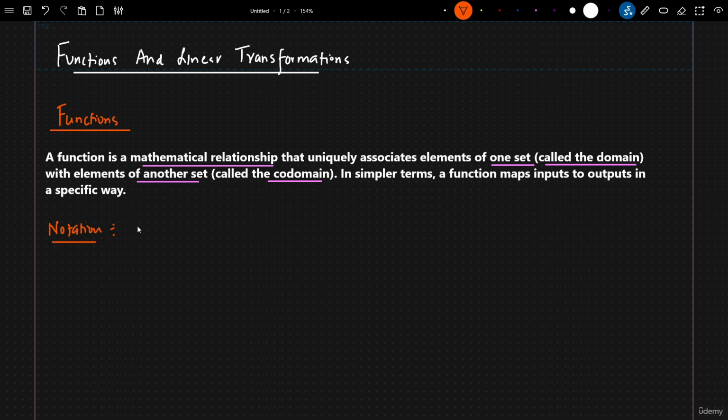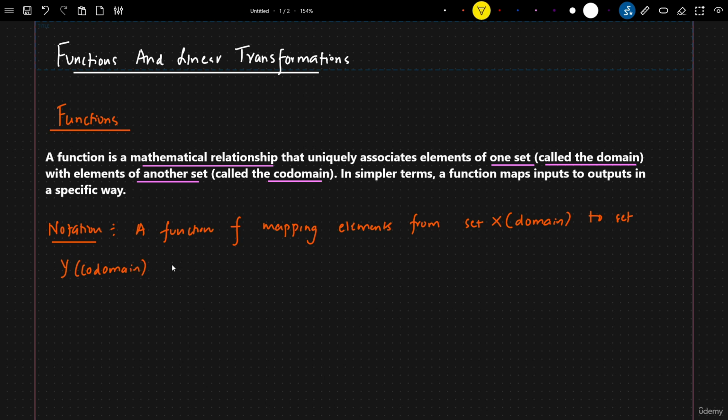Let's say I have a function f. Usually a function is denoted by small f, it can be g, in most of the textbooks it is written that way. So a function f mapping elements from set X, which we consider the domain, to set Y, which we consider the codomain.